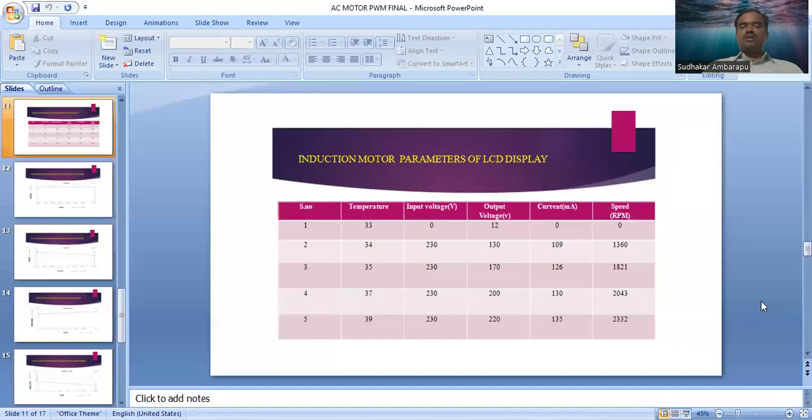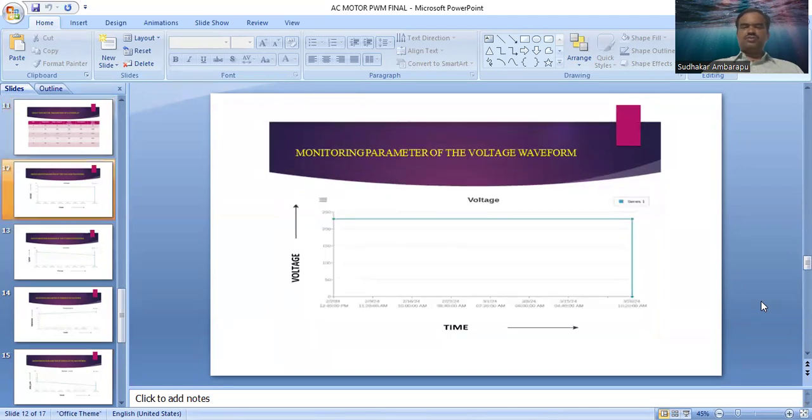All these parameters are tabulated at different operating conditions, starting from 0 speed and increasing to 1360 rpm, 1821 rpm, 2043 rpm, 2332 rpm. The different values of temperatures, currents, and output voltages can be observed in this table.